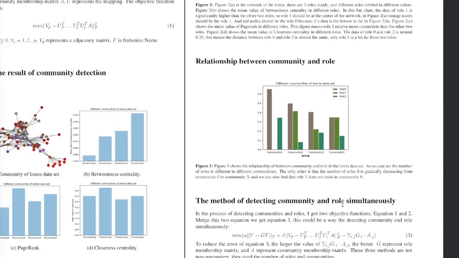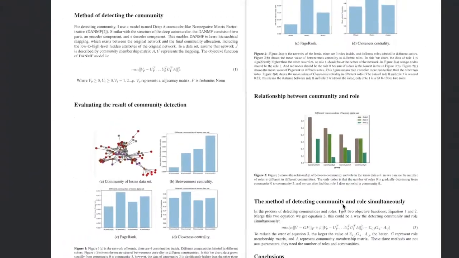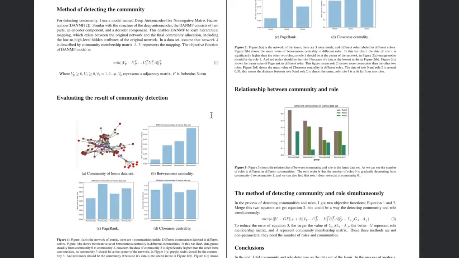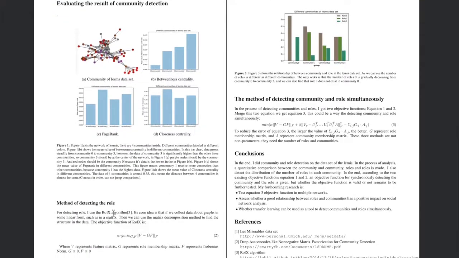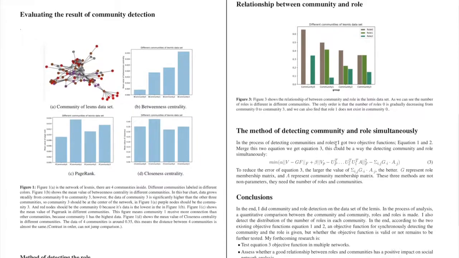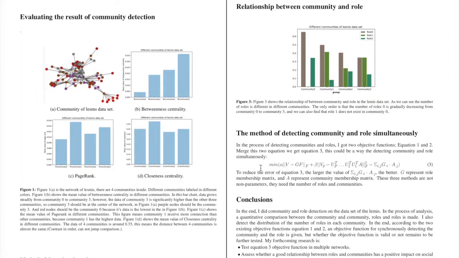And because we use two objective functions to detect communities and roles, in the end I use this equation 3, this objective function, to detect community and role simultaneously.